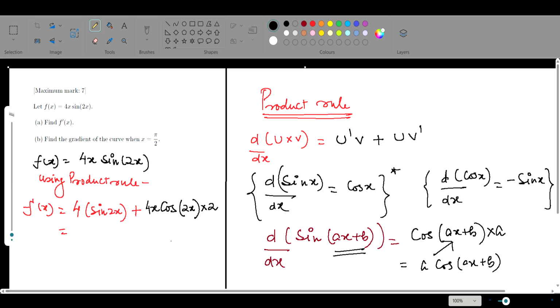That will be 2. So, final result will be 4 sine 2x plus 4 times 2 is 8x cos 2x. This is the differentiated function. This is also called the gradient function, as we know. Rate of change.